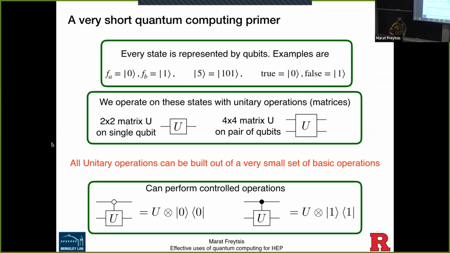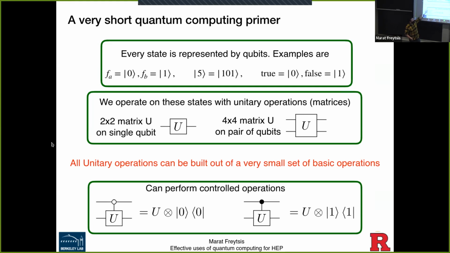It turns out that it's been proven that any arbitrary unitary operation acting on any size Hilbert space can be built out of a very small number of basic operations, which essentially are the unitaries acting on single qubits at a time, and then a small number of controlled operations. Essentially: you look at the state of one qubit.